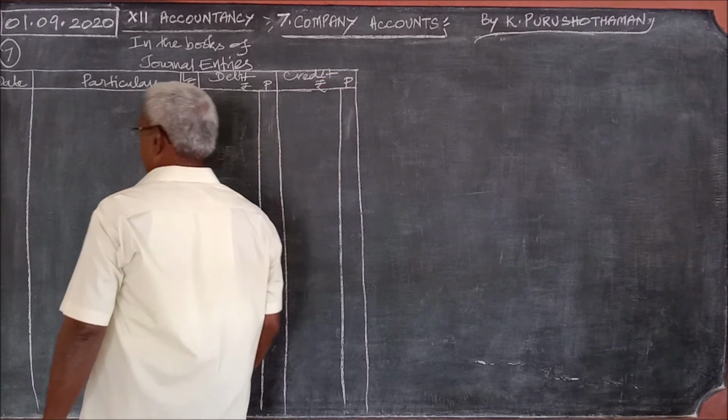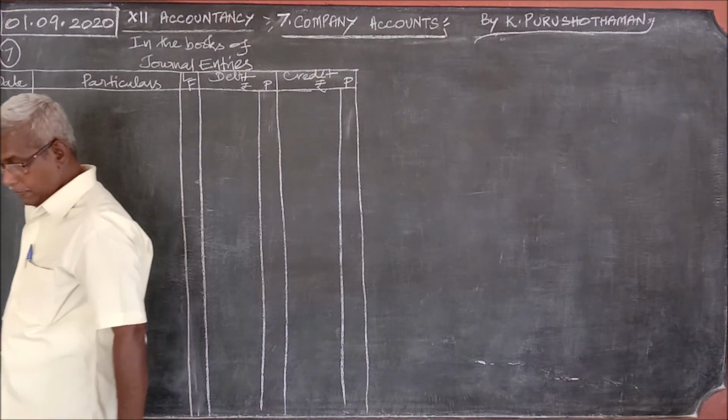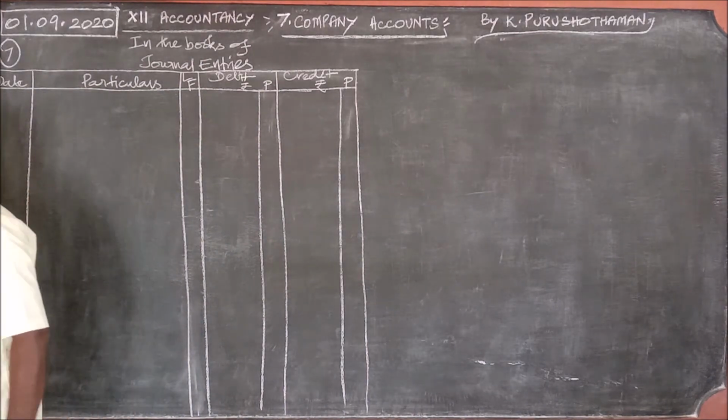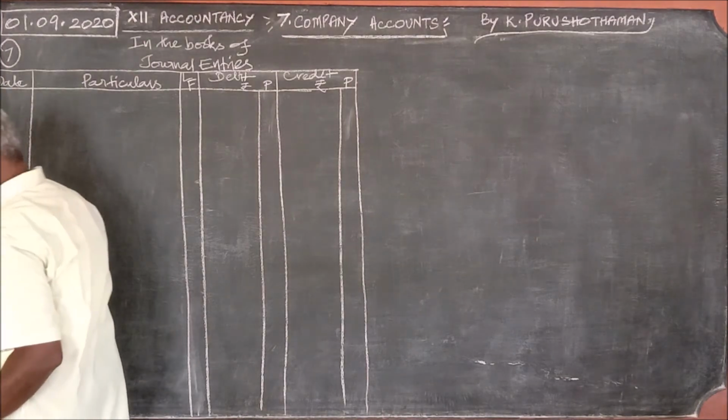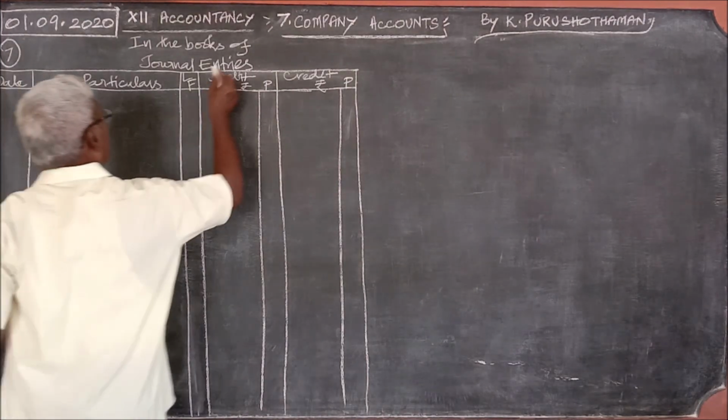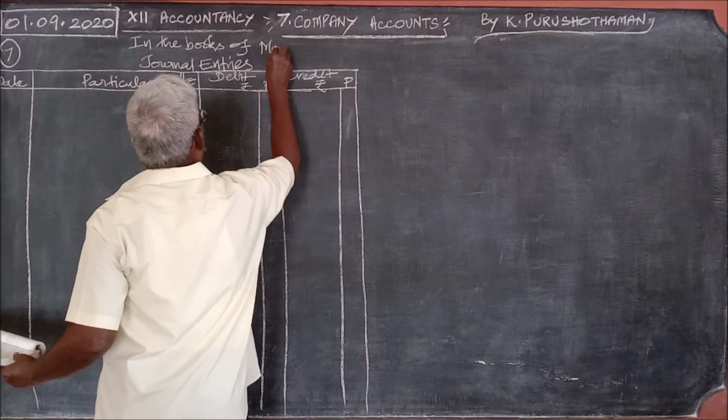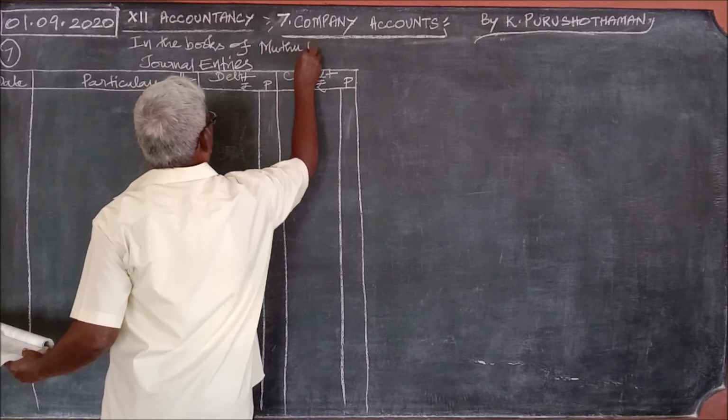This is the format, you know it well, and here the name of the company is Muthu Limited. In the books of Muthu Limited.